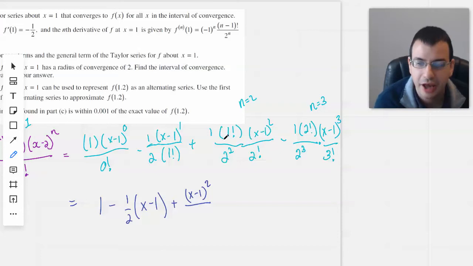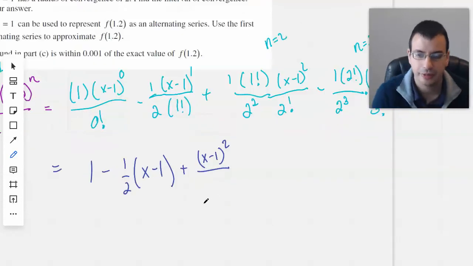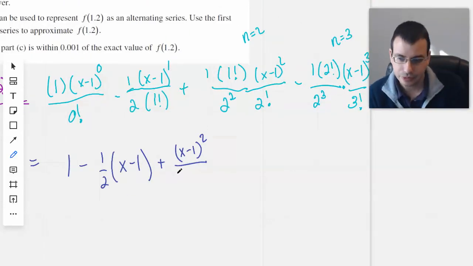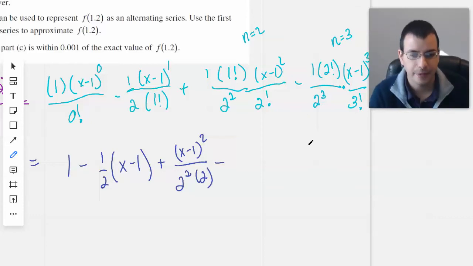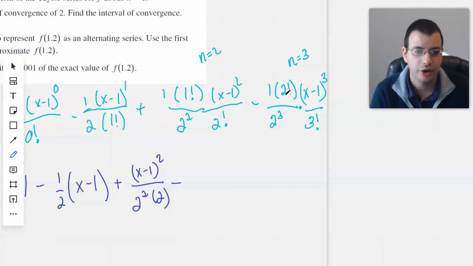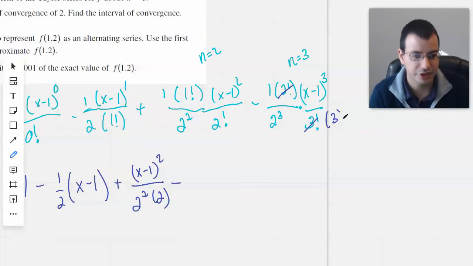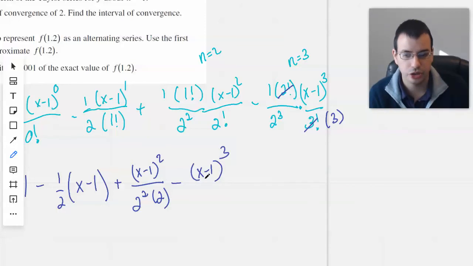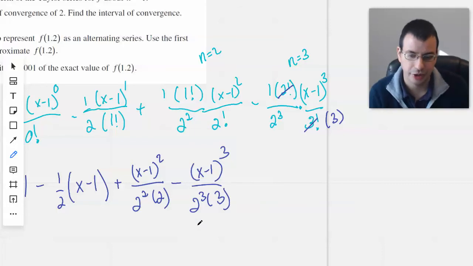So it looks like we're going to have n minus 1 factorial over 2 to the n, yep, over 2 factorial, okay? So we're going to have 2 squared times 2, and then we come over here, we have 2 factorial and 3 factorial, so if we cancel that out, that gives us 3. So we're going to have (x minus 1) cubed over 2 cubed times 3.